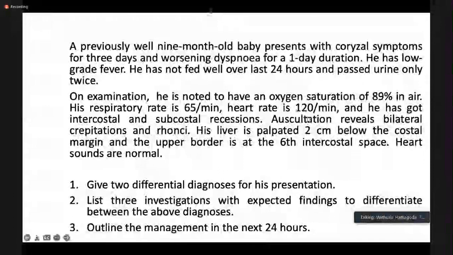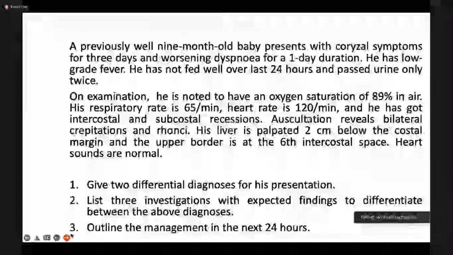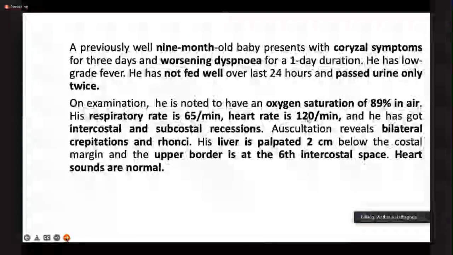Madam, regarding the differential diagnosis, the child previously had an upper respiratory tract infection followed by a lower respiratory tract infection. Could it be that, madam? Okay, the first question asks for 2 differential diagnoses for his presentation. What would you take as the differential diagnosis here, Sujan?